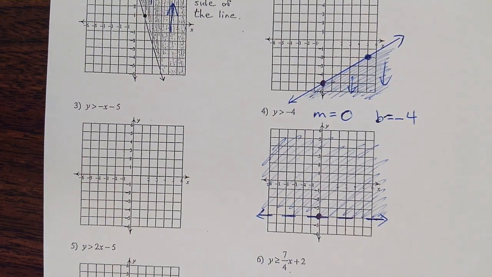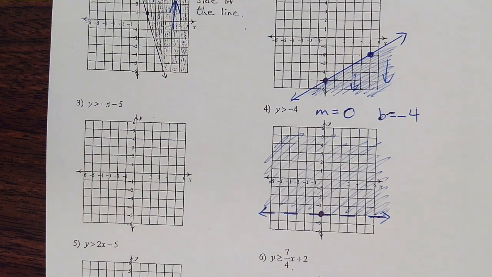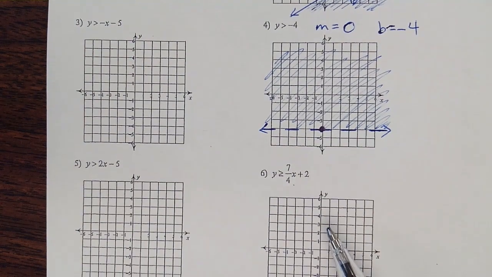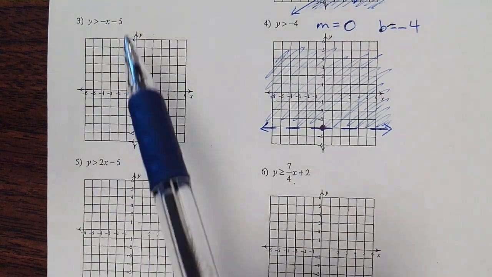Okay, so I think you guys are really good with graphing lines now. And this is the second most important lesson in the whole course. So if you got it, awesome. If you didn't get it, here's some practice time for you. So try these ones right here where you're graphing inequalities.